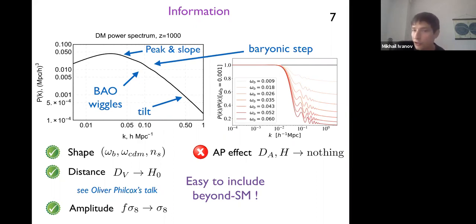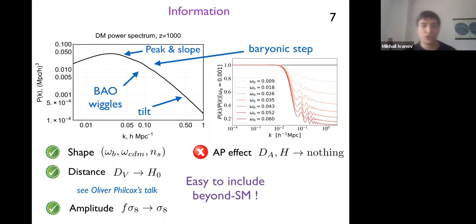And another feature is the so-called baryonic step, which is generated by the baryons free streaming before recombination. And essentially all these spectral features are sensitive to the so-called shape parameters like omega baryons, omega CDM, and n_s that can be measured from the shape of the power spectrum regardless of any distance information.